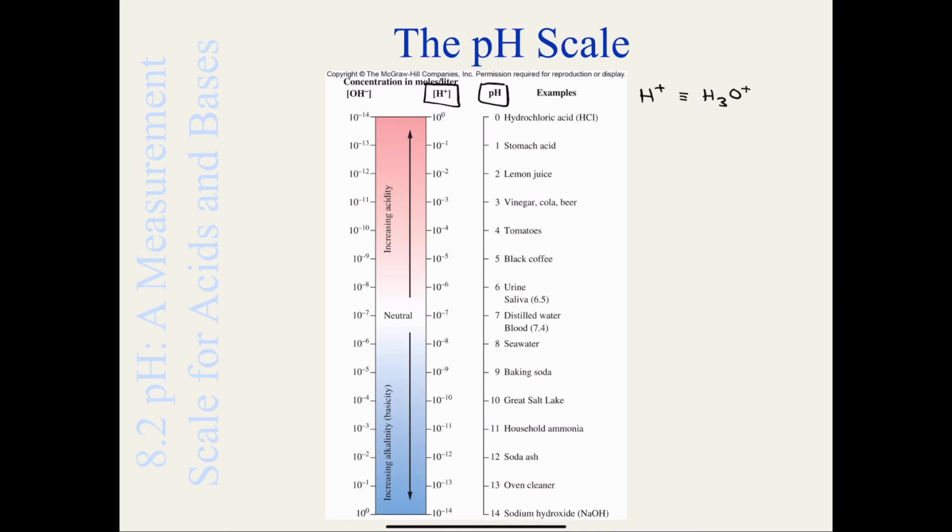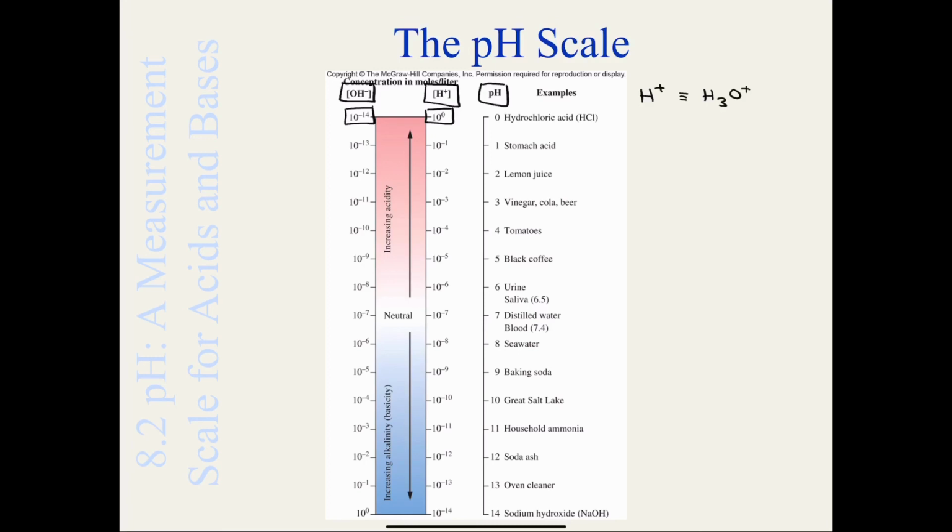So again, as the pH decreases, the concentration of hydronium is going to increase. And since our Kw is a constant, and that's equal to the product of the concentration of hydroxide times the concentration of hydronium, therefore, when the concentration of hydronium is large, the concentration of hydroxide will be very small. The opposite holds true as well.